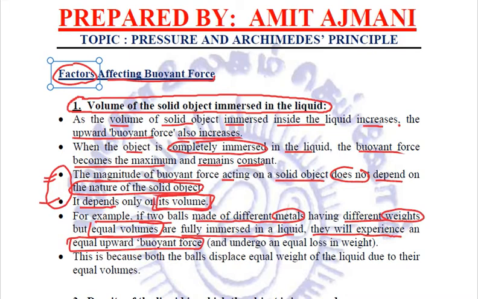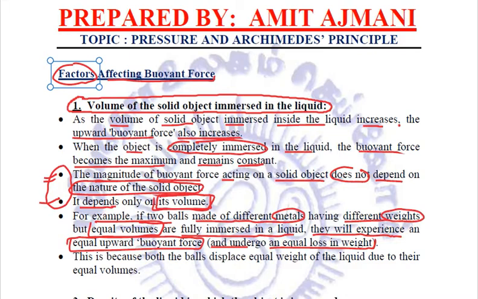Later, in Archimedes principle, we will understand this concept in detail, which is written in the brackets, that they will undergo an equal loss in weight. What exactly is meant by this statement? You need to wait another 10-15 minutes, then you will be able to relate this sentence too.